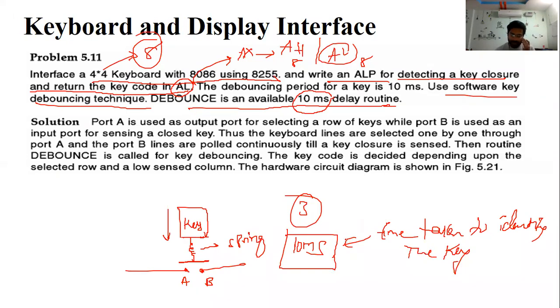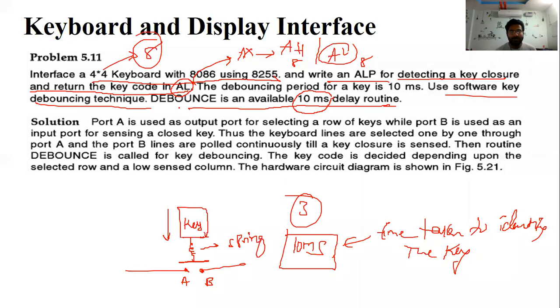Nearly 10 milliseconds is used for key closure. This is the time taken by the microprocessor to identify which key number you pressed, that may be 3 or 4 or something else.